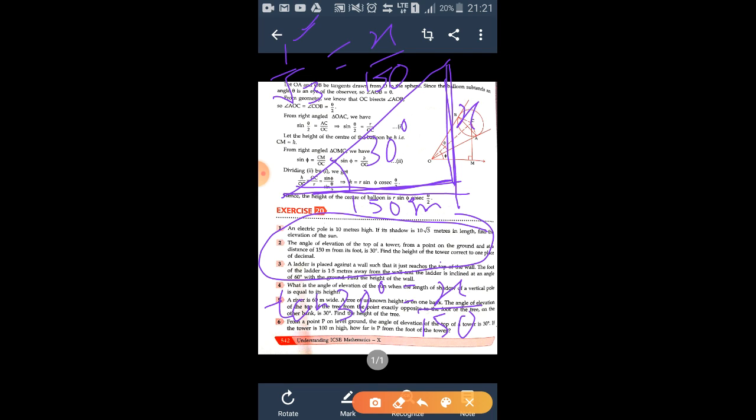Yes or no? This will get cross multiplied and you will get x is equal to 150 by root 3. Yes. So you get 150 by root 3 over here. Yes, this thing you will divide, you will get something like 86.6.